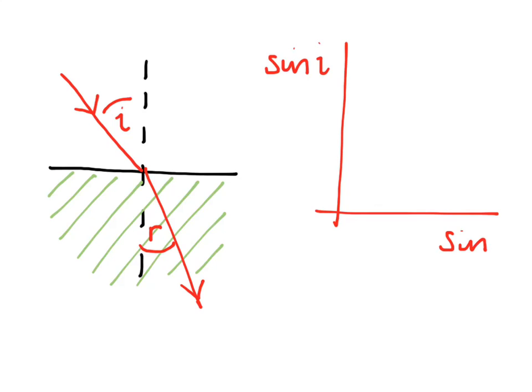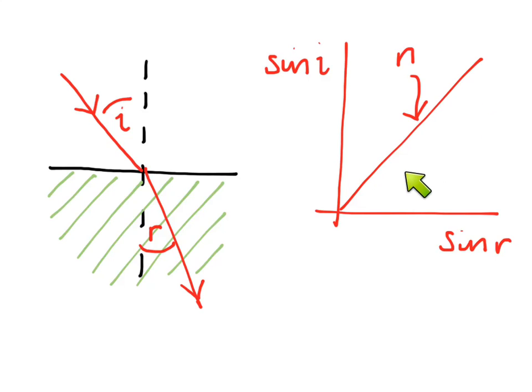And he found that when he plotted on a graph the sine of I against the sine of R, he got a straight line. And the gradient of that straight line he gave the symbol N, which stood for the refractive index, because he found that different materials gave a different slope.